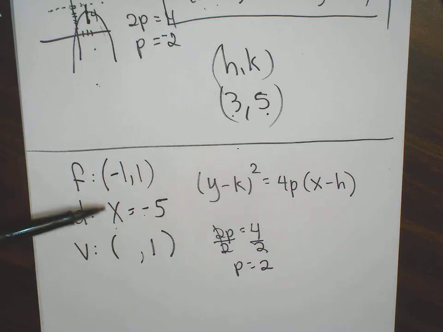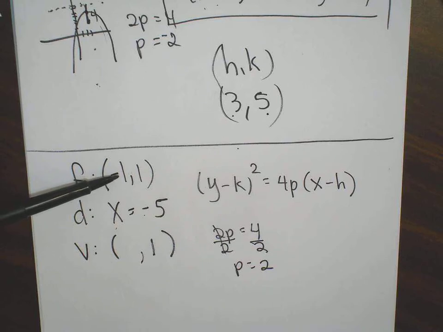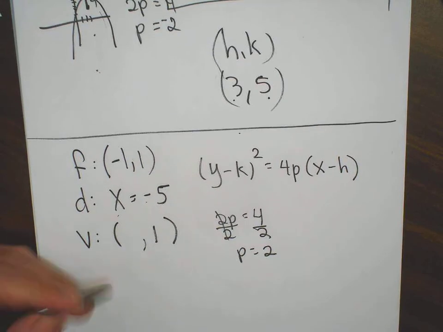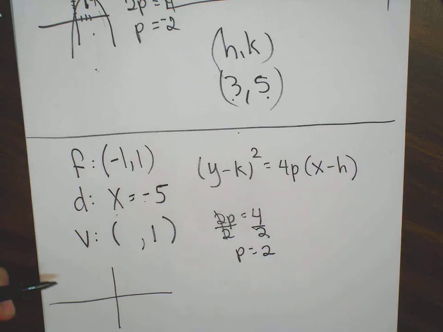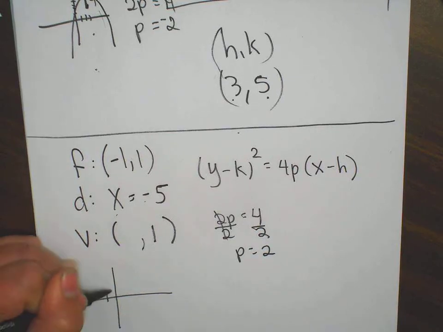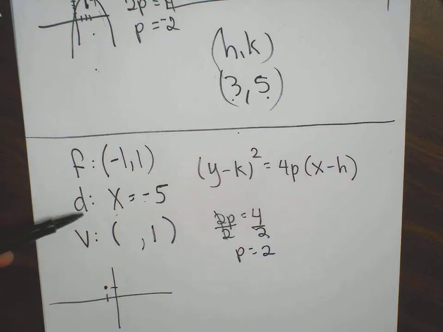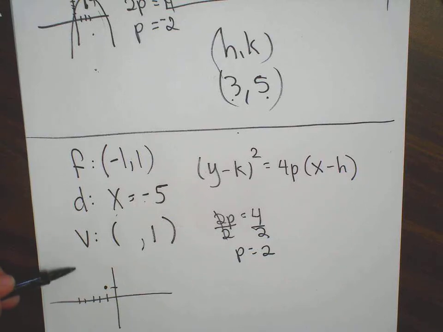So how do I get from my focus of -1 to my vertex? If it helps you to draw a quick sketch, do it. It just takes a second. This is -1, 1. There's my focus. My directrix is all the way over here at 1, 2, 3, 4, 5, -5. Where does the focus have to be?